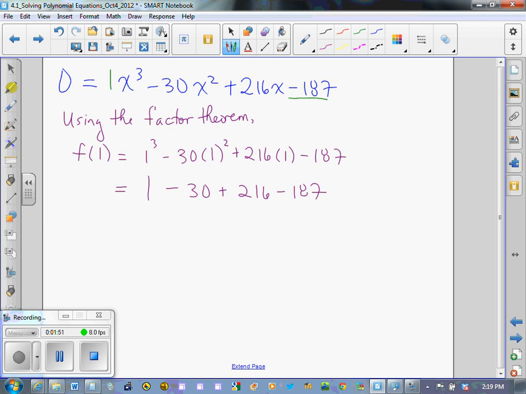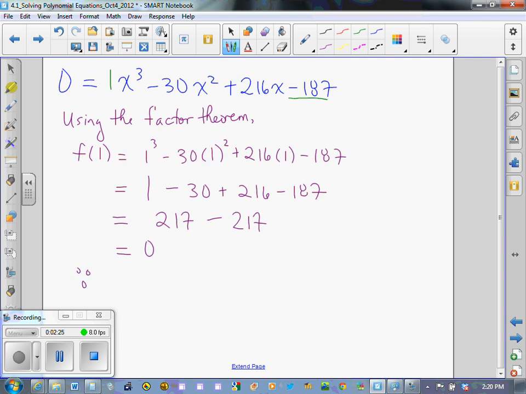So if we add up the positive values, what we're going to have is 217, followed by, if we were to sum the negative values that we have, it looks to be that we do arrive at 217, as 30 plus 187 is 217, and that gives us 0.